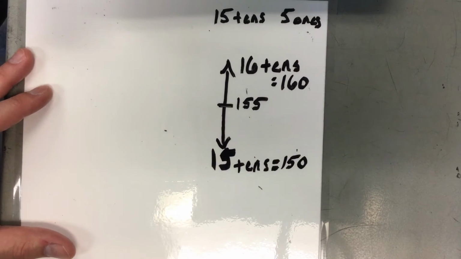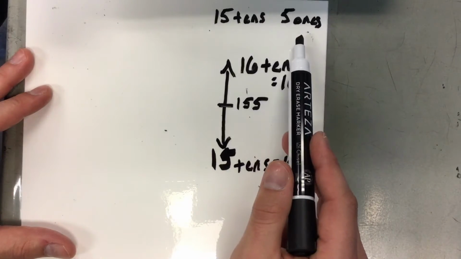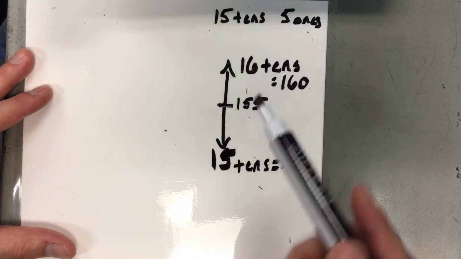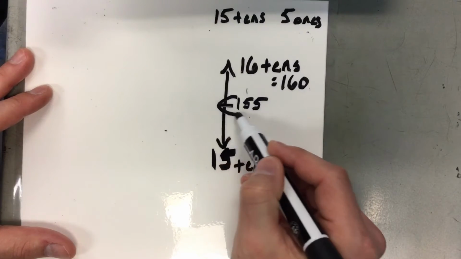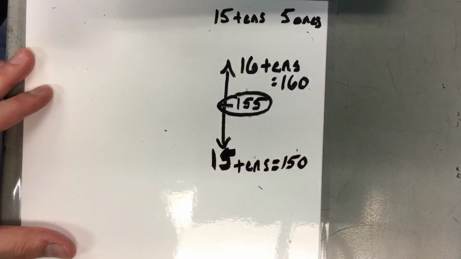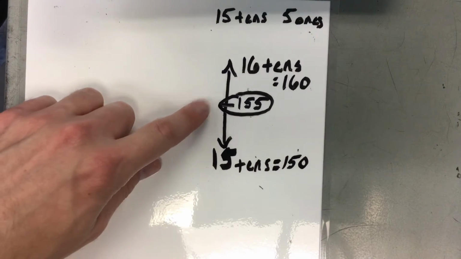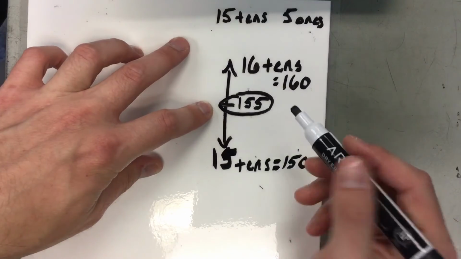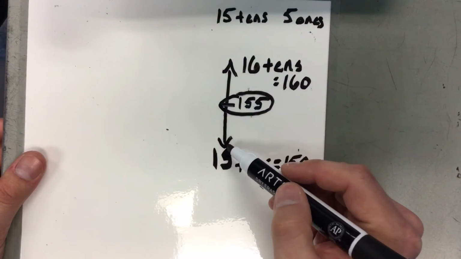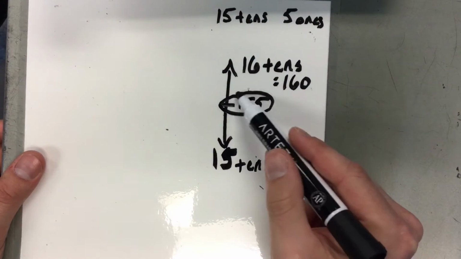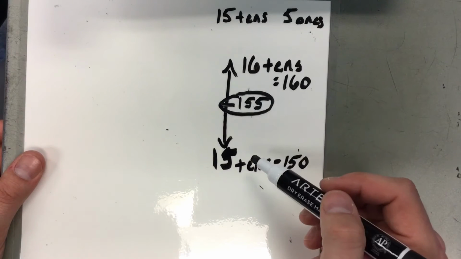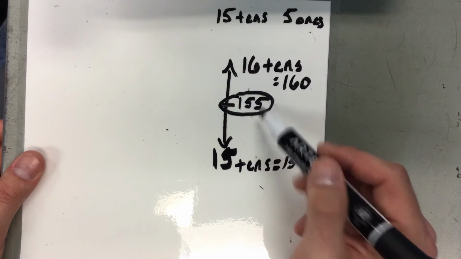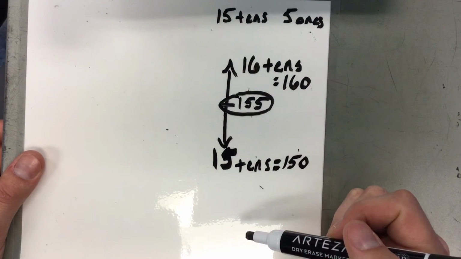So I'm looking at my number, 15 tens and 5 ones. That looks a lot like my midpoint, and that is where the number is. So on our number line, 15 tens and 5 ones would be right here at 155. So if I have a number line and I'm rounding, and my number is right there in the middle, at the midpoint, does it round up to 16 tens or does it round down to 15 tens?